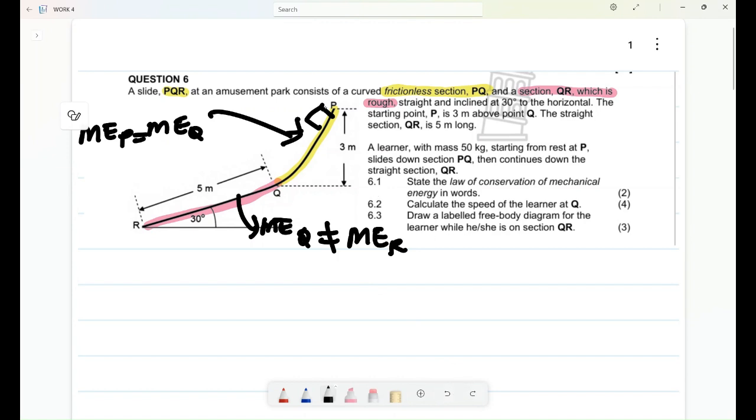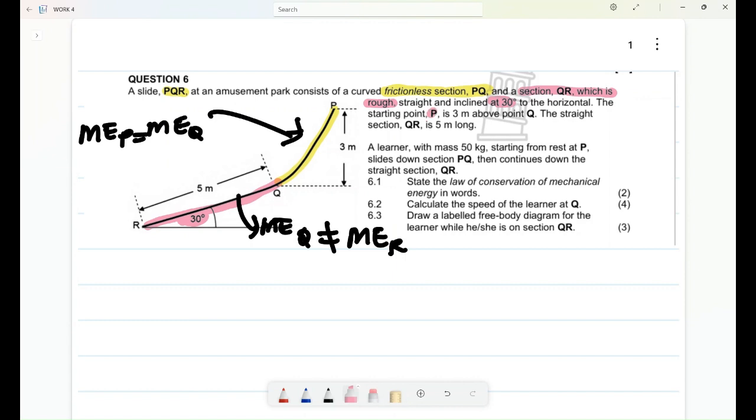Now, if that's the case, let's see. Another piece of information that's important: inclined plane of 30 degrees. All right, that one is probably given to the horizontal.